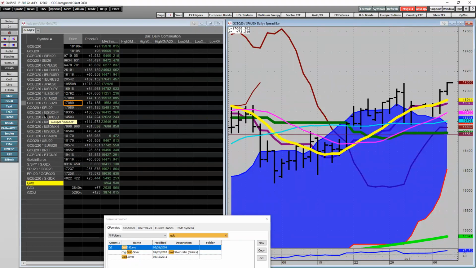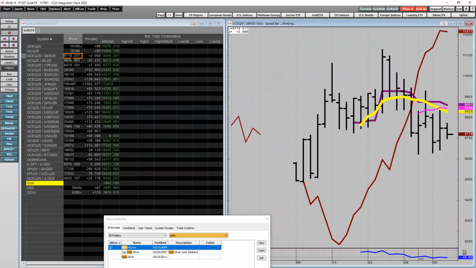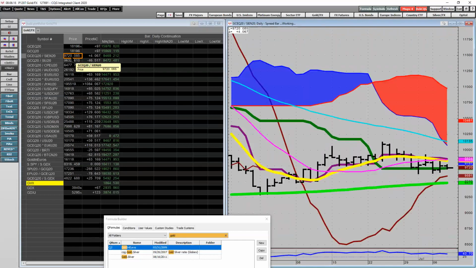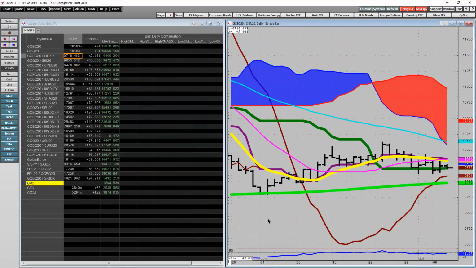Now, when you get into the way you look at spreads, when you have gold divided by silver, that's giving you a ratio. So what you're monitoring here is not really a spread, but a ratio between the two, and so we use a division. When we do a spread, we're doing the difference between the two, so again you're looking at a different type of figure.